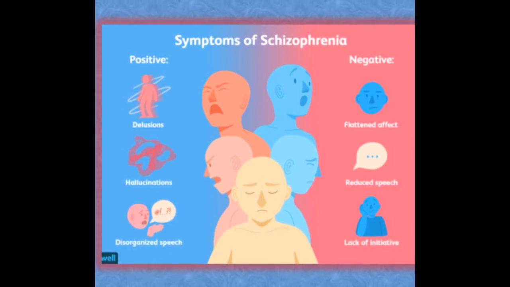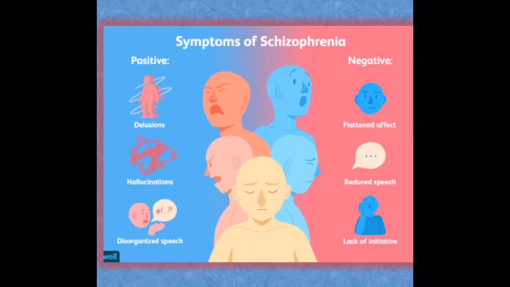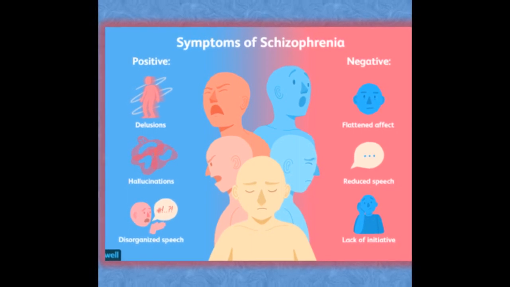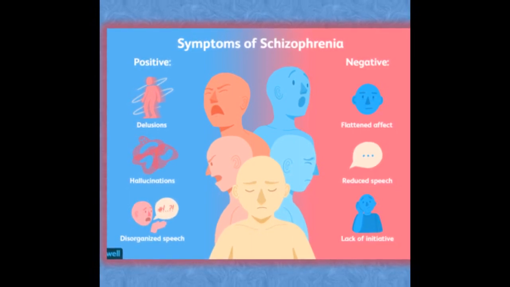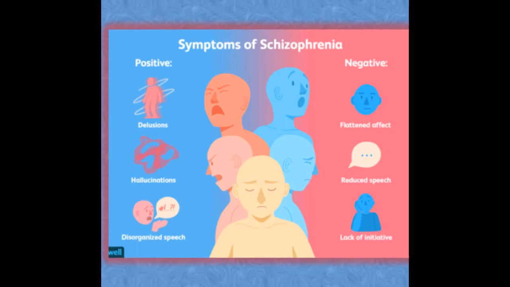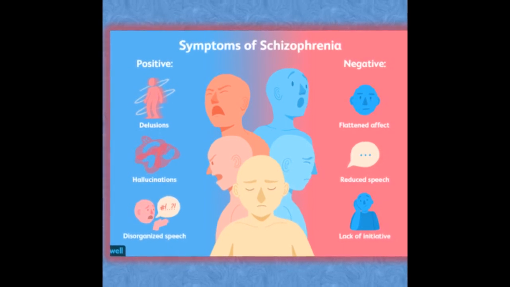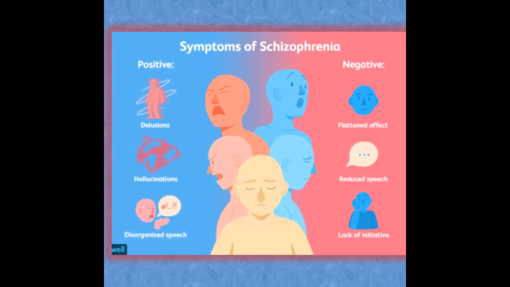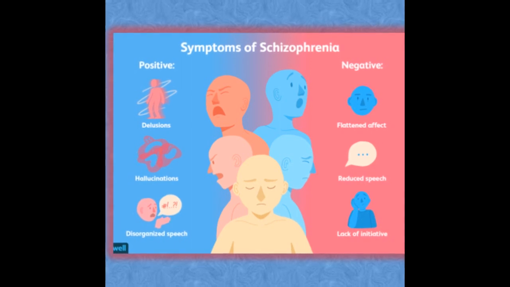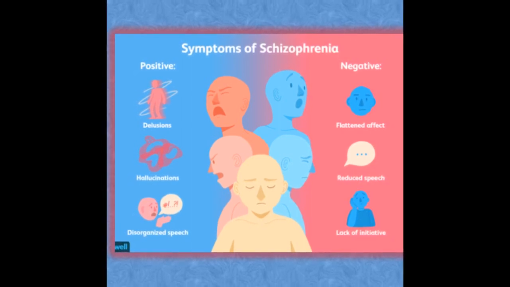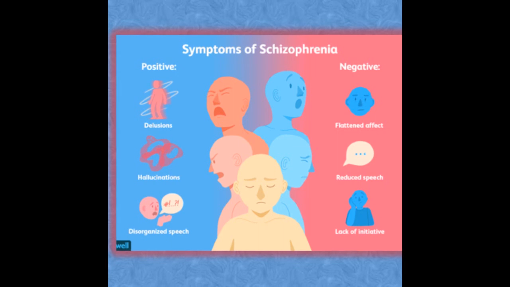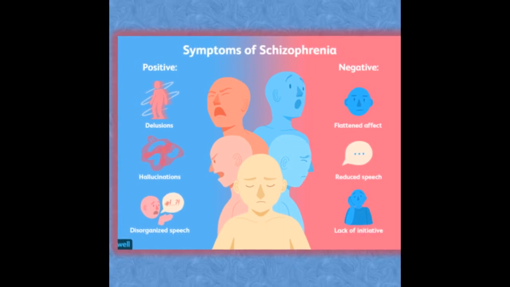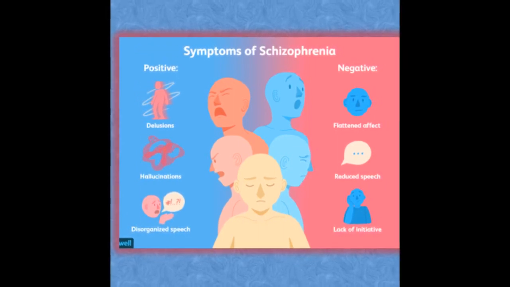So, tandaan nyo po sa positive symptoms, yan po ay nararamdaman or pwedeng maobserbahan natin sa mga taong nakaka-experience or meron itong schizophrenia na ito. Pero yung mga simptomas na ito, hindi po ito usual or hindi natural na maobserbahan natin sa mga normal na tao na walang karamdaman nitong sakit na to.